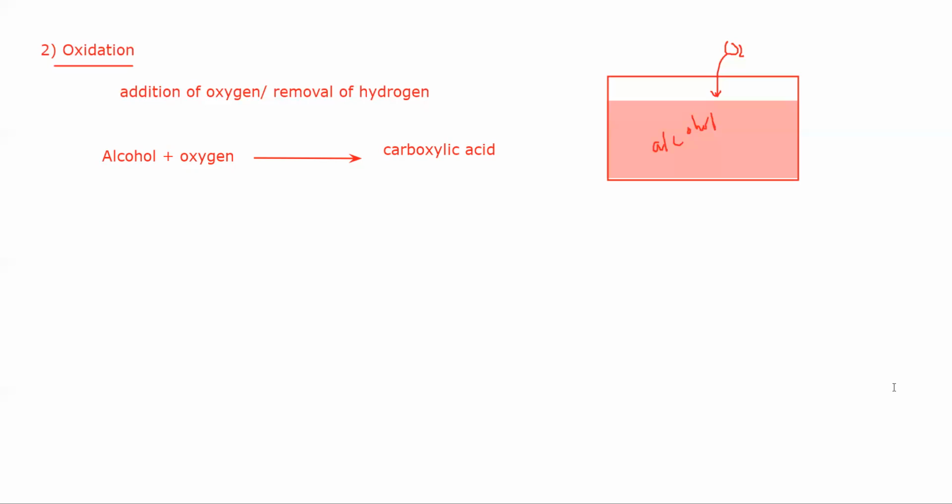You have a container filled with alcohol, and alcohol is reacting with atmospheric oxygen, which converts alcohol into carboxylic acid. So if it is butanol, it will give butanoic acid. Propanol, propanoic acid. For oxidation, if we want to make this process faster, what we do is add an oxidizing agent.